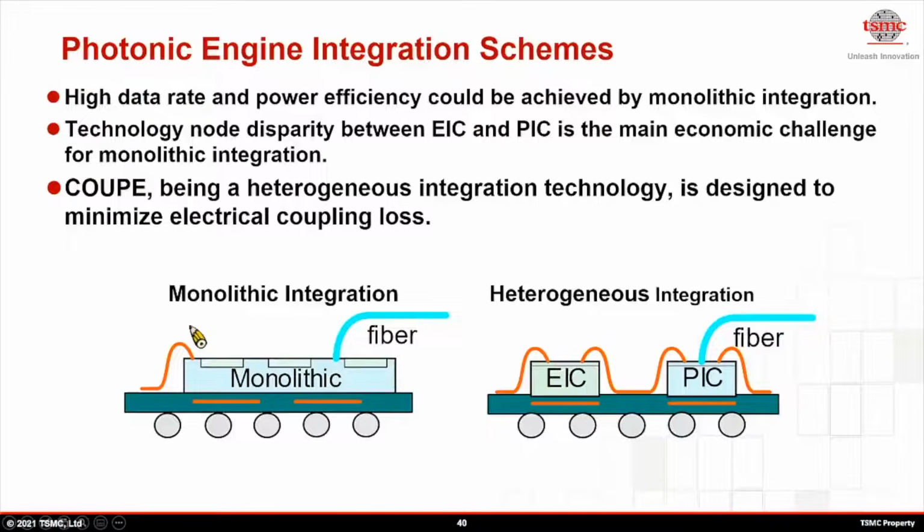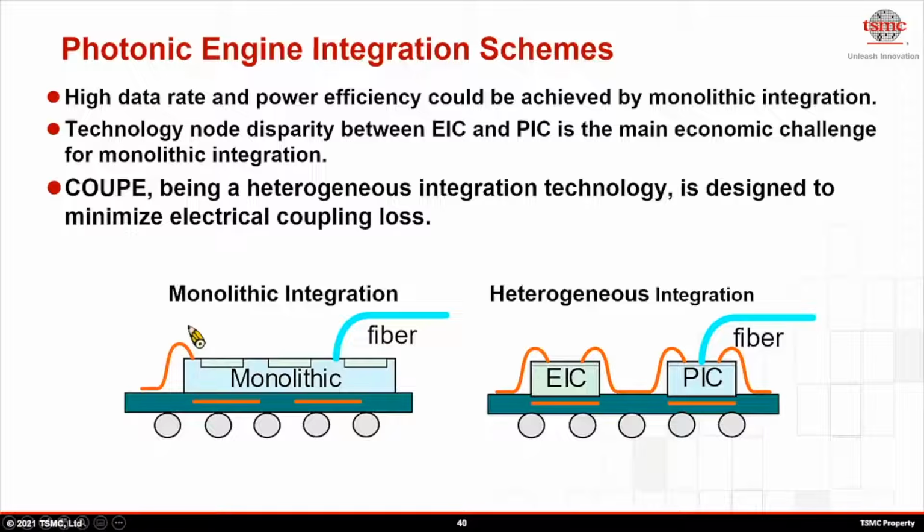Monolithic integration can achieve good data rate and power efficiency. However, the technology node disparity between EIC and PIC, the electronic die and the photonic die, is the main economic challenge for it.